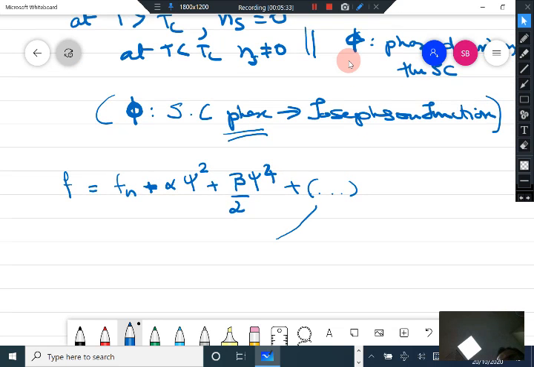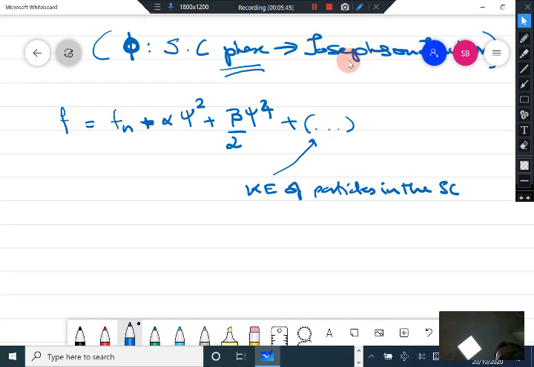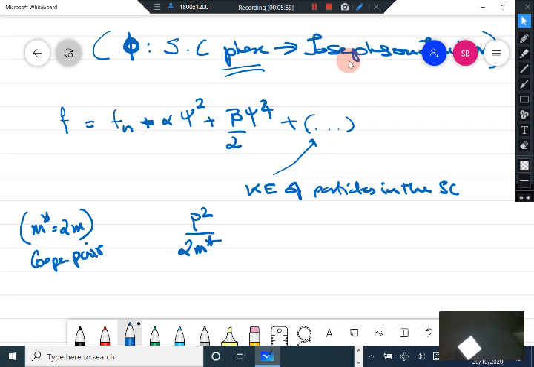This additional term is the kinetic energy of the particles in the superconductor. And this kinetic energy of particles inside the superconductor is basically p squared by 2 m star. M star is twice m, because you have Cooper pairs. So for the Ginzburg-Landau working out, we will now assume that there are pairs inside the system, and so all the working out will be based on that.